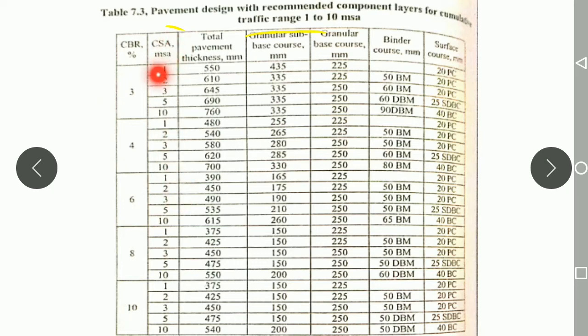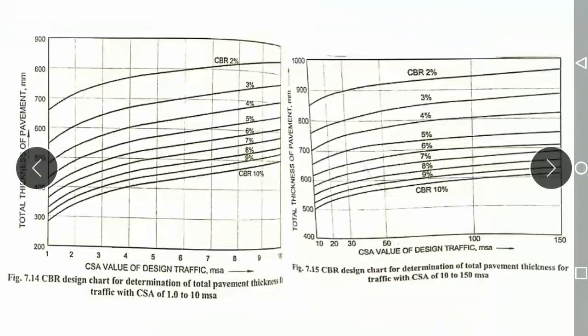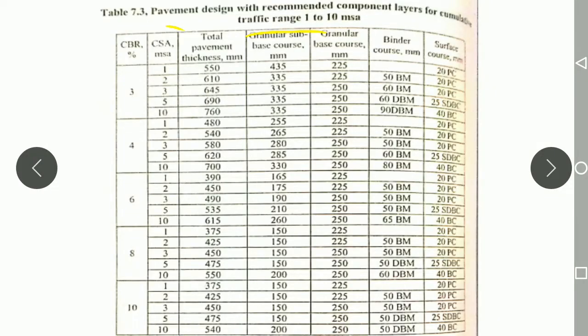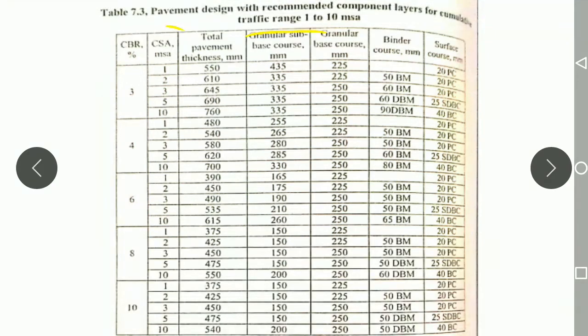For each CBR value, 3, 4, 6, 8, like that we have different CBR values, and the total thickness. Suppose your CBR value is 4 and your cumulative standard axle value is 3, then you can refer to this column for the different thicknesses.